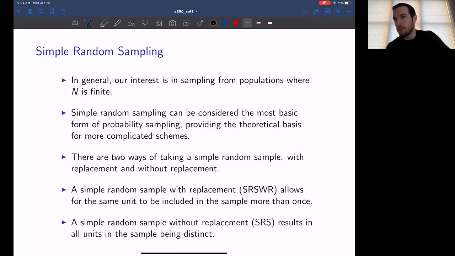The first scheme that we're going to talk about is simple random sampling. And as I've mentioned before, simple random sampling actually forms the basis of the majority of the techniques that we are going to look at in this course. As we begin to study new techniques, what you will notice is the foundation for all of those comes back to the idea of simple random sampling.